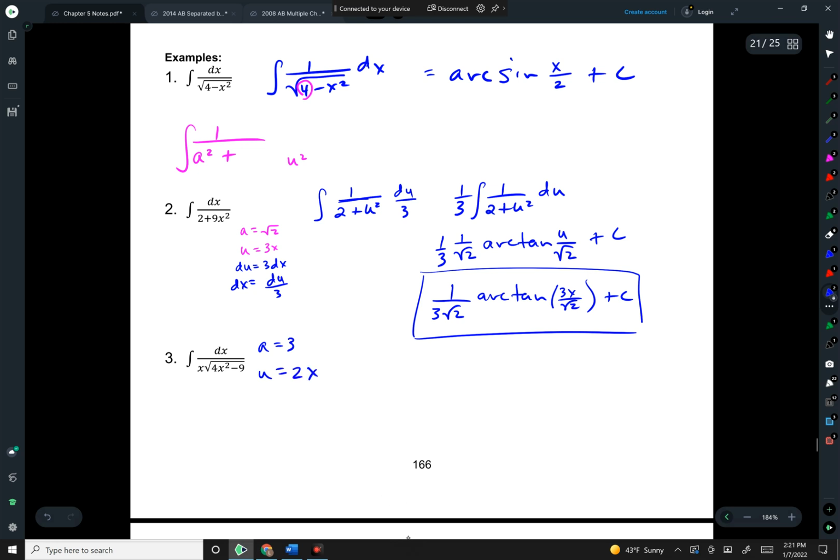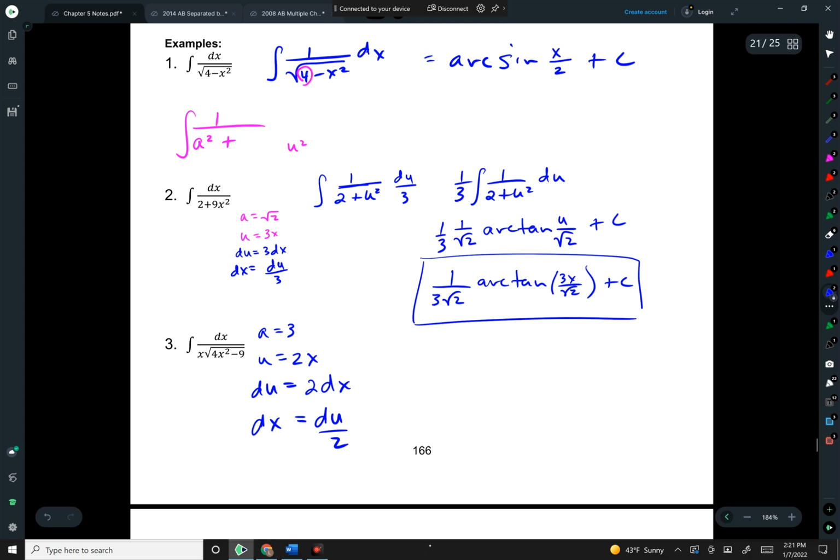What's the u? 2x. And since there's a u, we have to go through the u substitution, right? So du equals 2 dx. So dx equals du over 2.